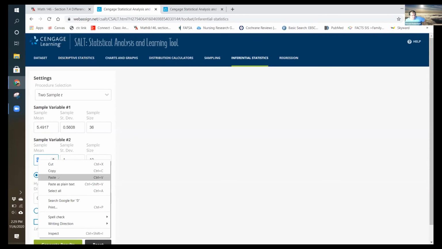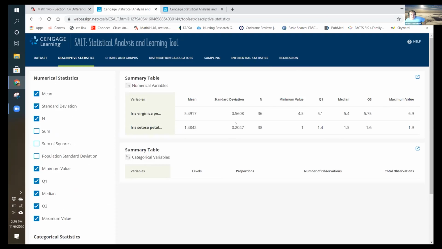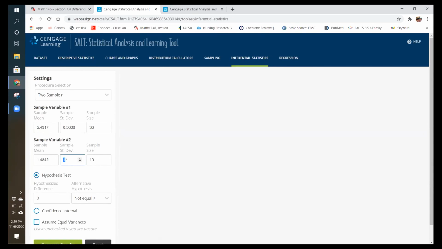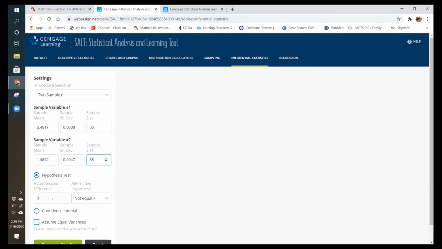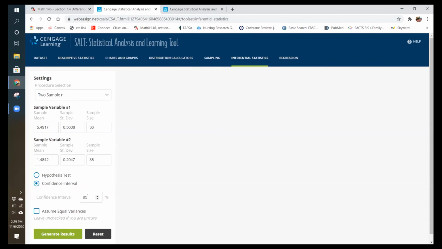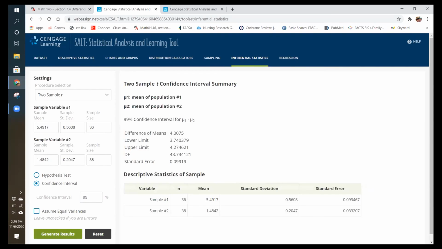You are very fast. You must have been doing this a lot. I've been doing this a lot. There's a lot of problems like this. Correct. 38. And then let's see, our question wanted a 99% confidence interval. So you go confidence interval and you change it to 99%. And then you put generate results. And this will give you your upper and your lower limit right there.